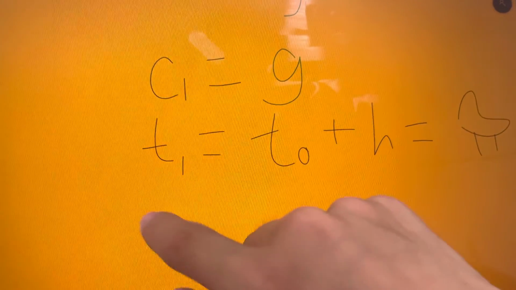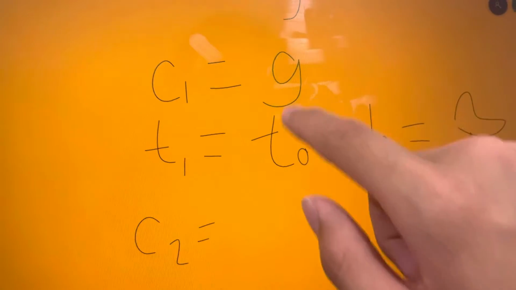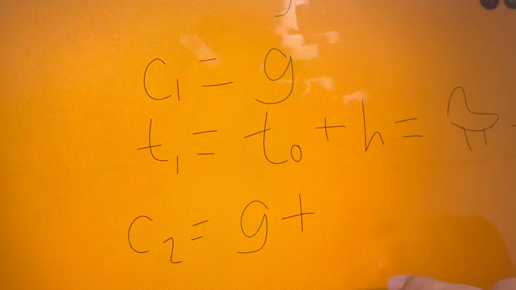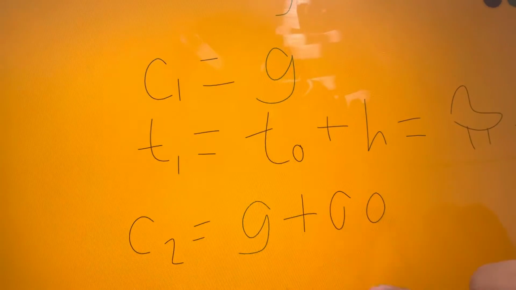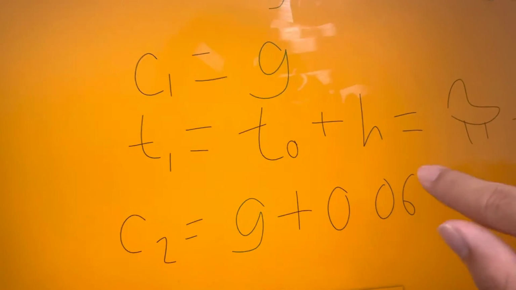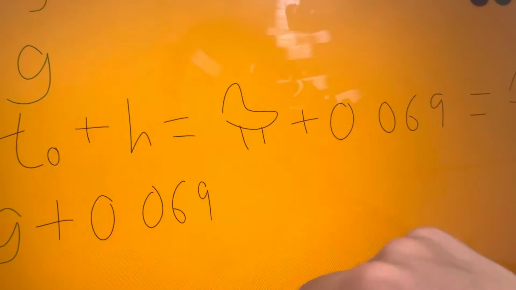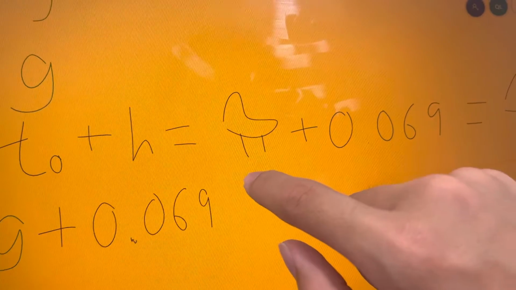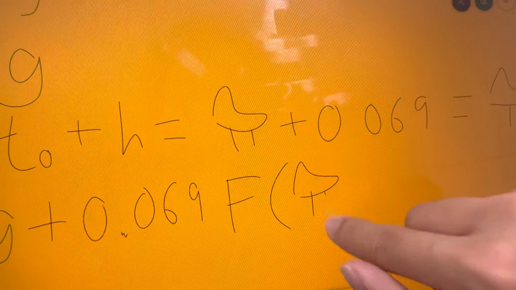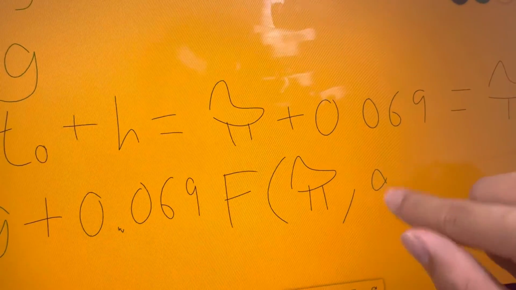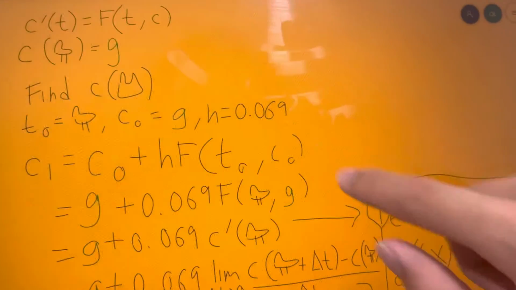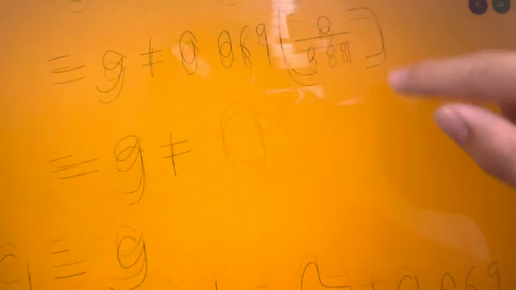And so C2, we plug it in. So, you know, formula, we got green plus 0.069. My handwriting is terrible. Of F of seats green. But now this, what's this? We all know what this is.